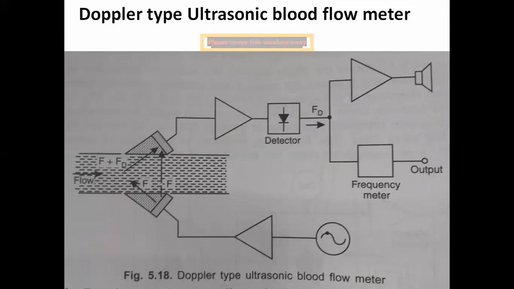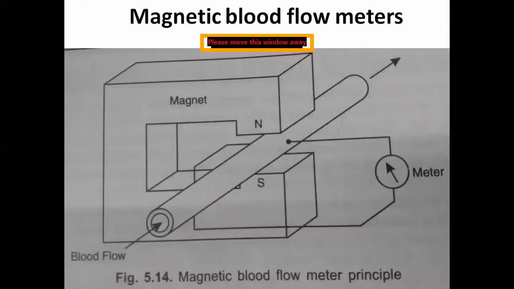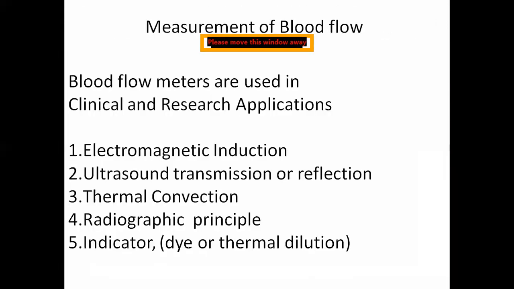In the Doppler type of ultrasonic blood flow meter, we have two types of methods. In the ultrasonic method, we have transmission and reflection.